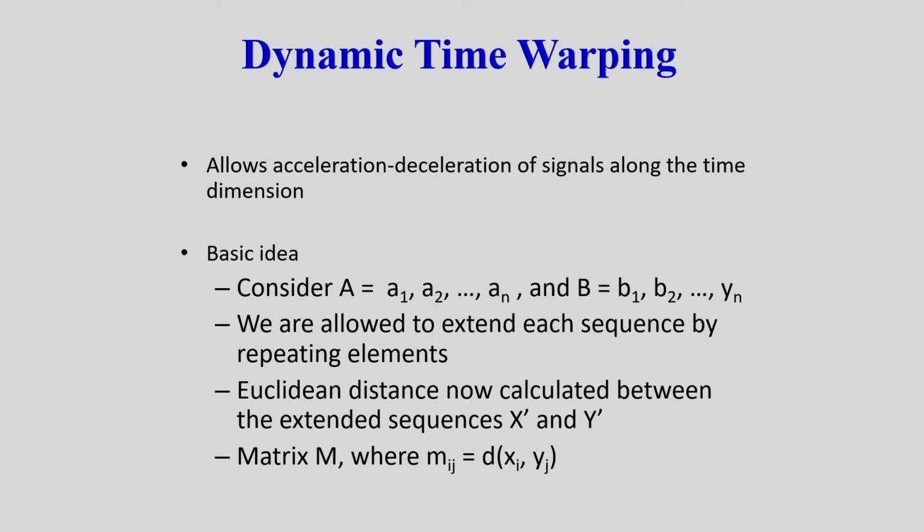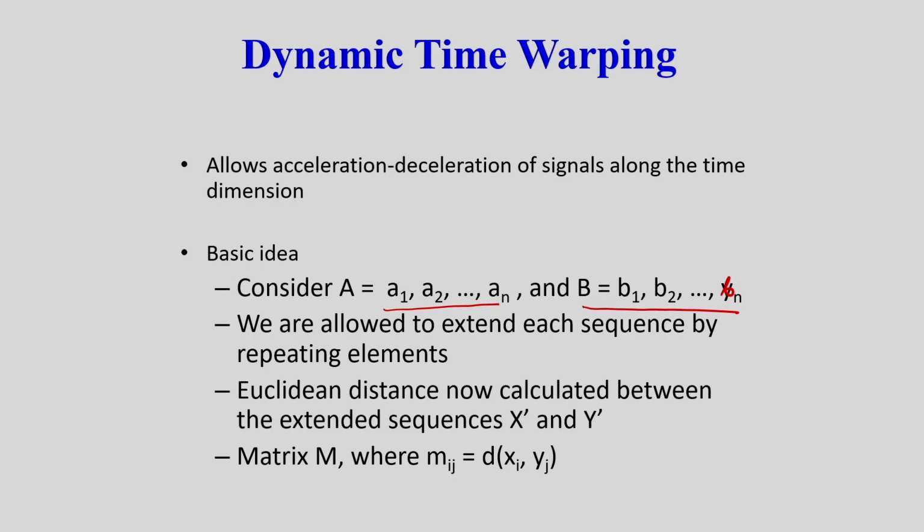For this the basic idea is, let us consider the time series A, that is A1, A2 up to An, and another series B, that is B1, B2 up to Bn. We are allowed to extend each sequence by repeating elements.